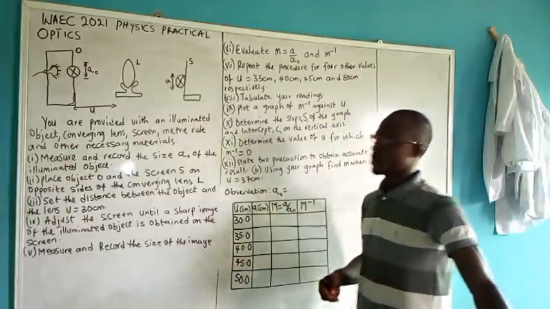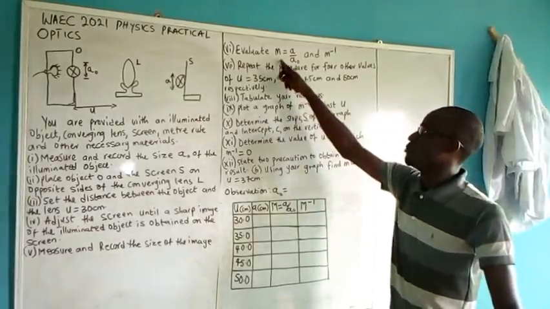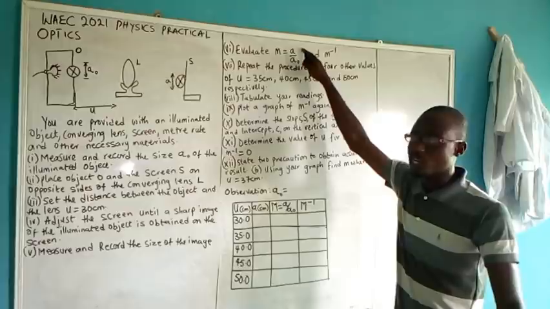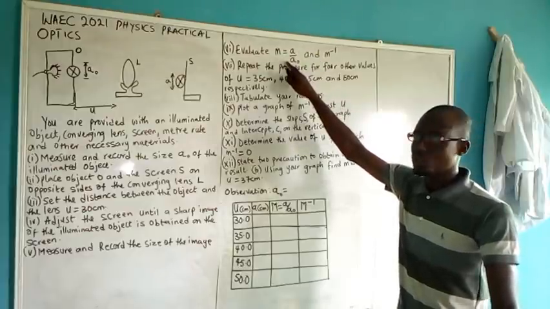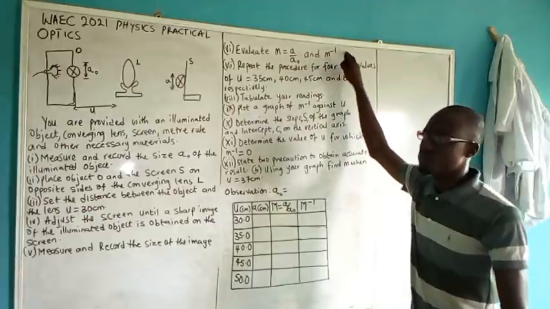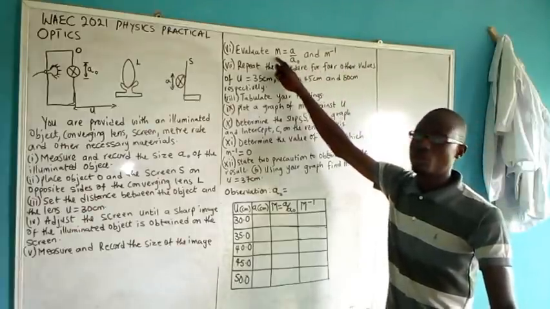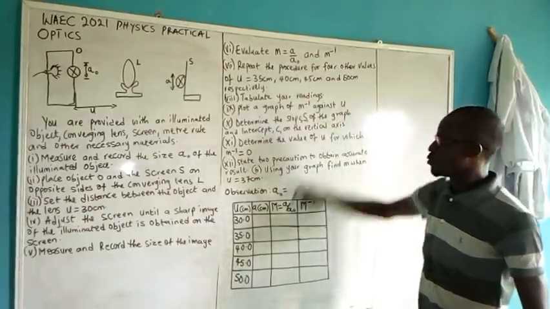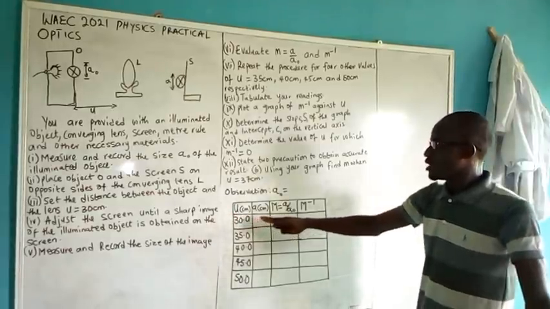Thereafter we can proceed to evaluate M equals A, that is the new size, over A naught, and that will be in our table. Then we also evaluate M inverse, that is, after calculating M, we find M inverse, of which everything has been loaded into this table.